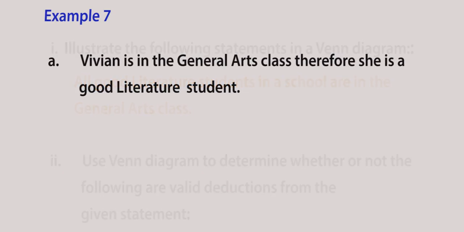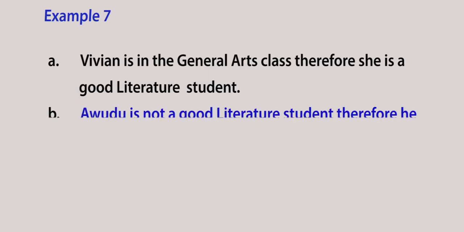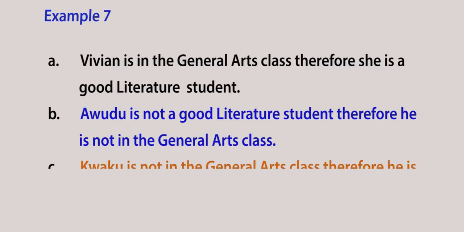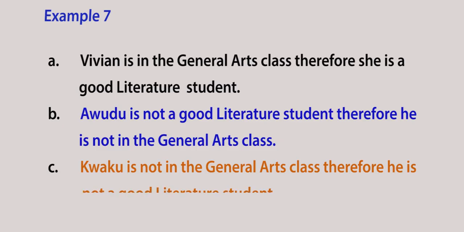A. Vivian is in the general arts class. Therefore, she is a good literature student. B. Audu is not a good literature student. Therefore, he is not in the general arts class. C. Kweku is not in the general arts class. Therefore, he is not a good literature student.